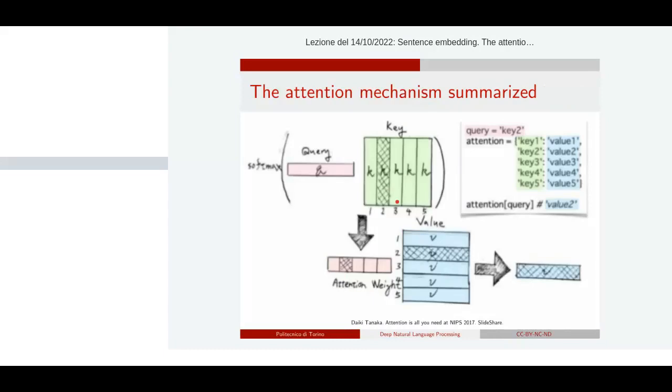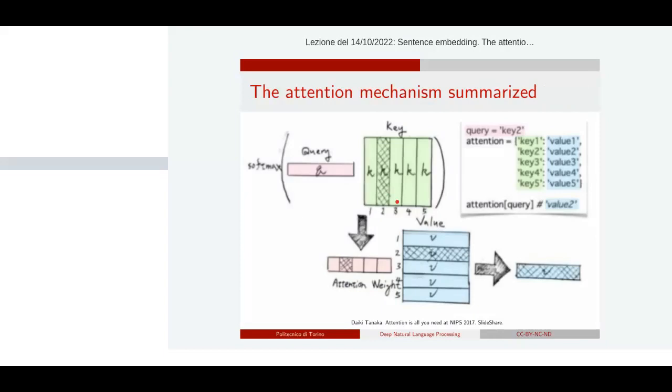This is a graphical representation, which I think is very effective, because as you can see here we have represented the text using a JSON representation, as in NoSQL databases. So if the query is key 2, okay, I'm looking for this string.